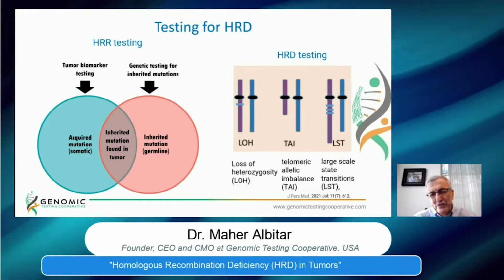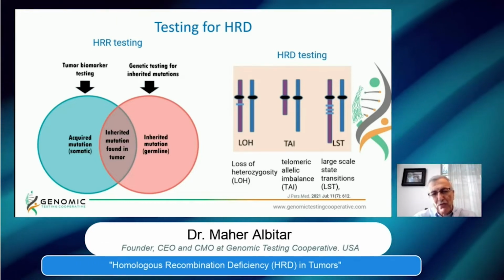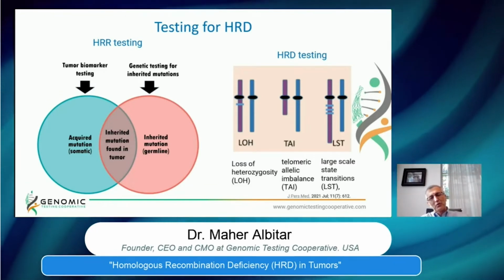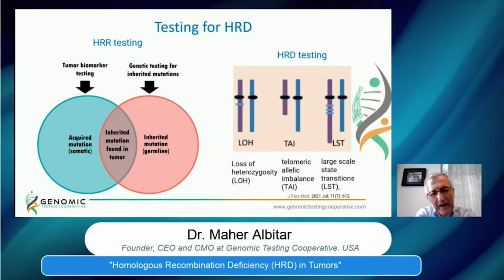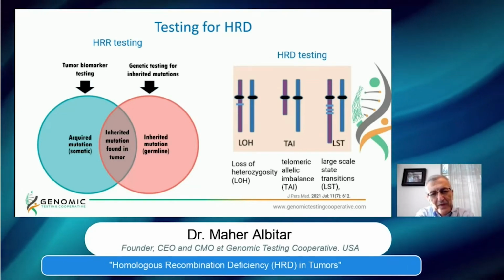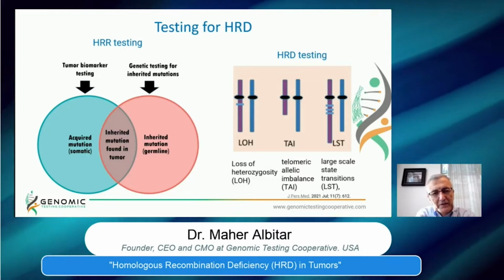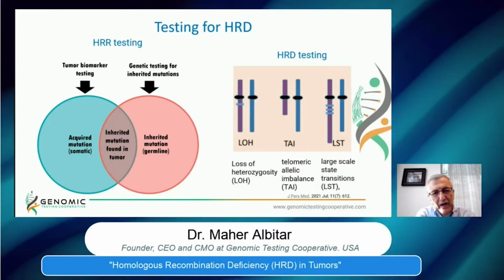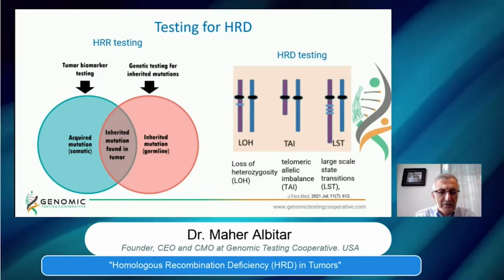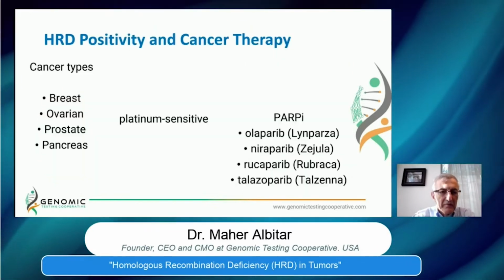By analyzing the tumor and doing complete profiling of the tumors, you can also have an idea about what's happening in other genes. You might find targetable abnormalities that can help you in making decisions on how you're going to treat that tumor.